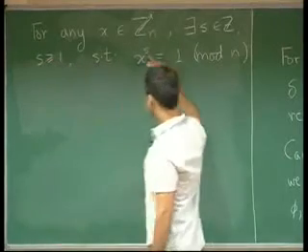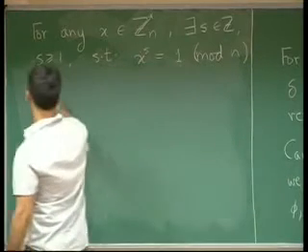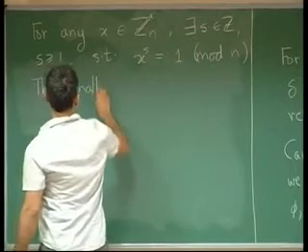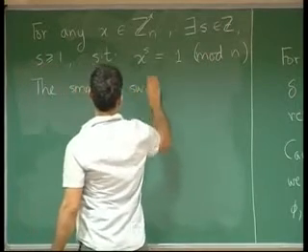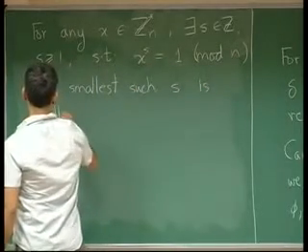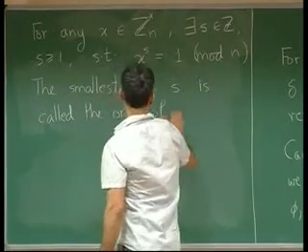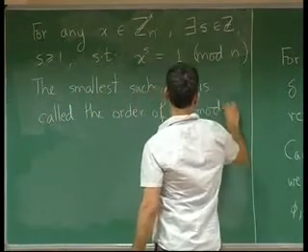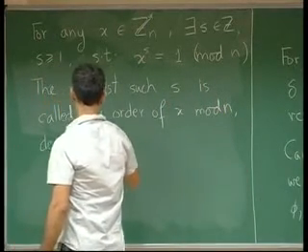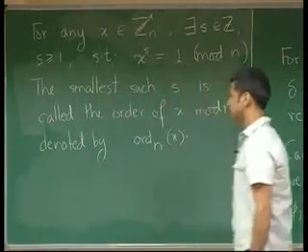The smallest integer s for which this happens is called the order of x, and it's denoted by ord sub n of x.